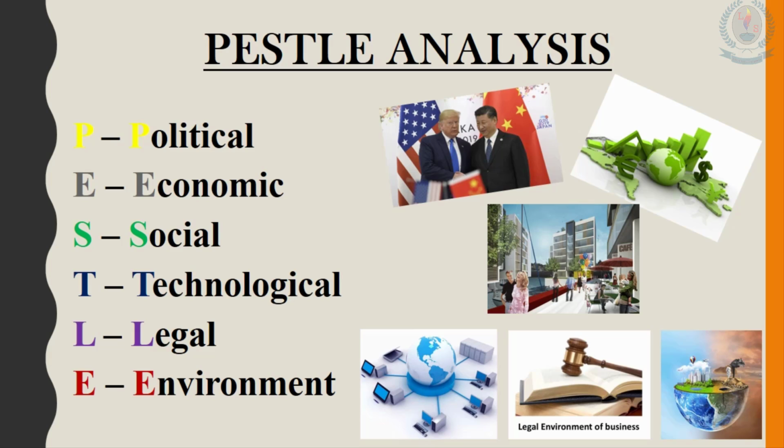I will explain about the economic environment also through some examples. Let's assume if we have a high rate of unemployment, what will happen? The demand for products and services may be reduced. Why is that?